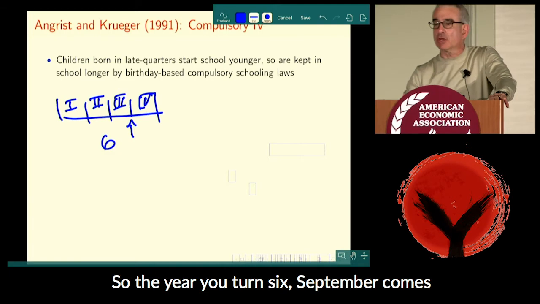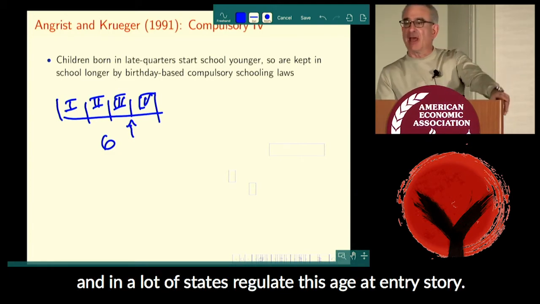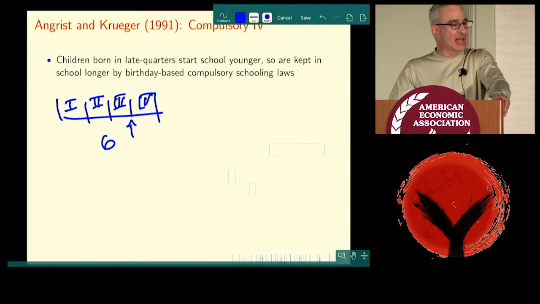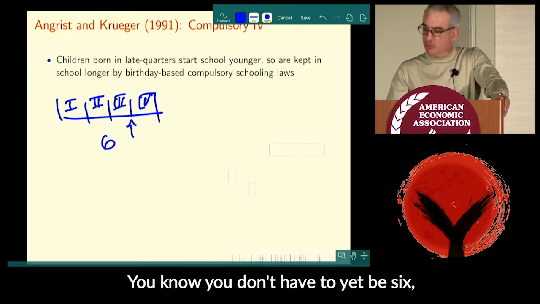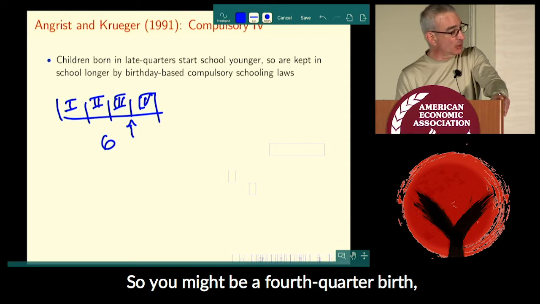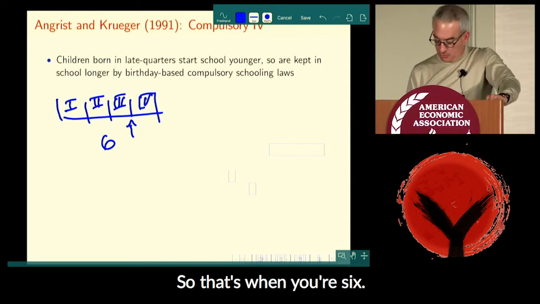So the year you turn 6, September comes, and in a lot of states they regulate this age at entry story. You don't have to yet be 6, you will turn 6, okay? So you might be a 4th quarter birth, which means you're not yet 6.